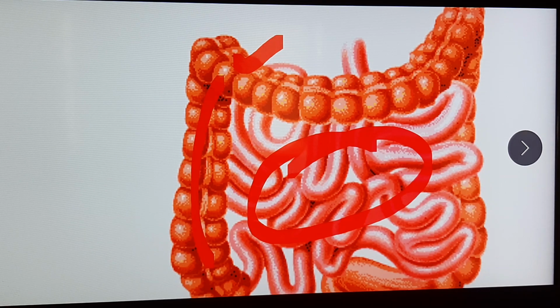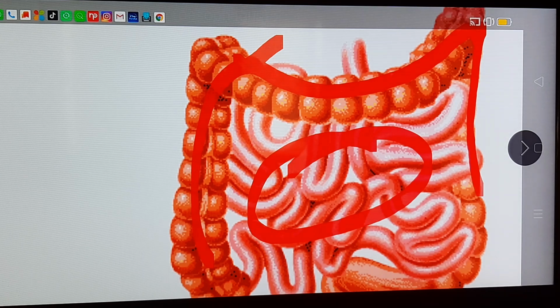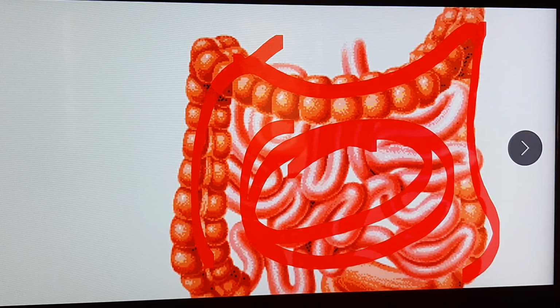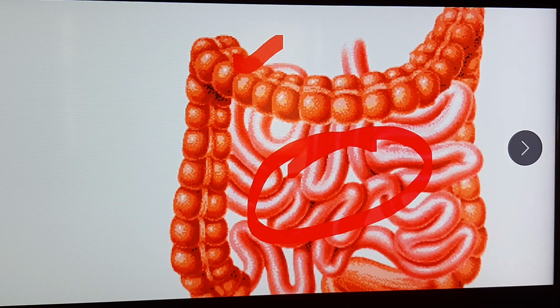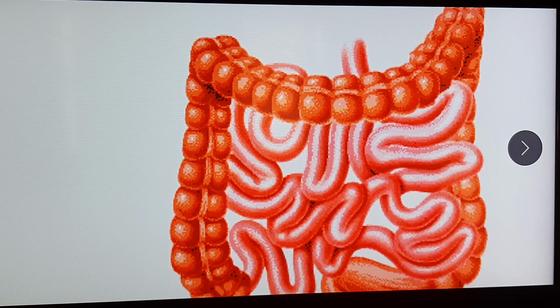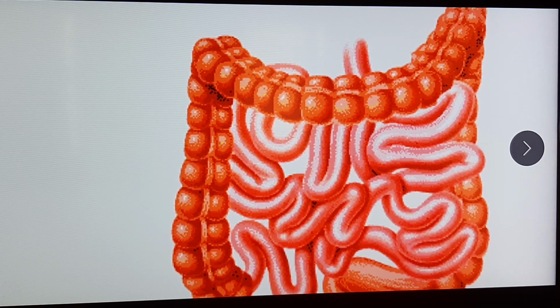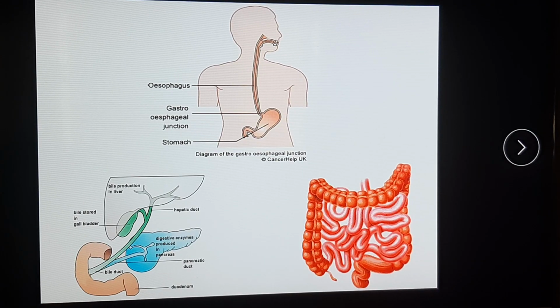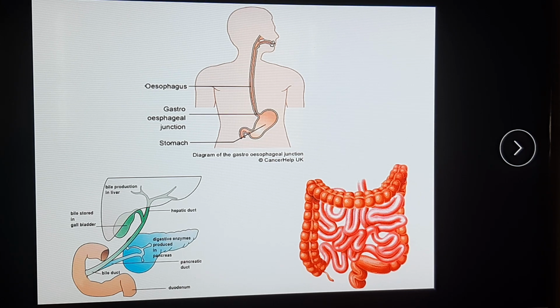So this one is the large intestine, and this middle portion is called the small intestine. The small intestine is about 7.5 meters long, and the large intestine about 1.5 meters in length. So this is an interesting fact about the small intestine and large intestine.